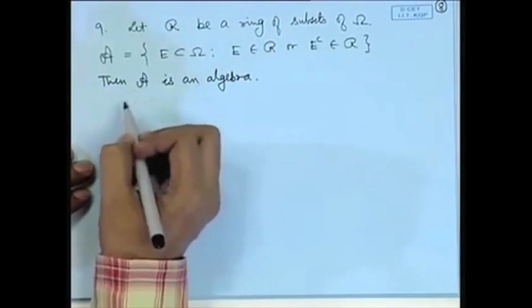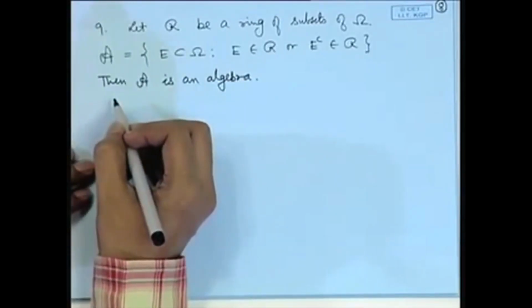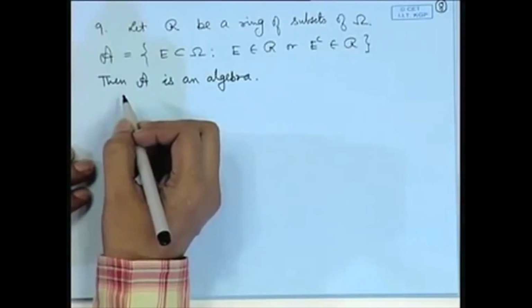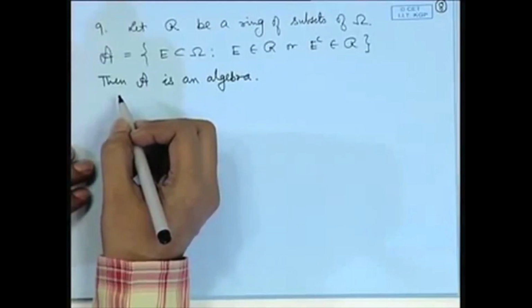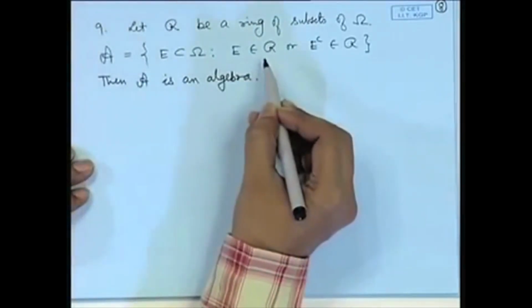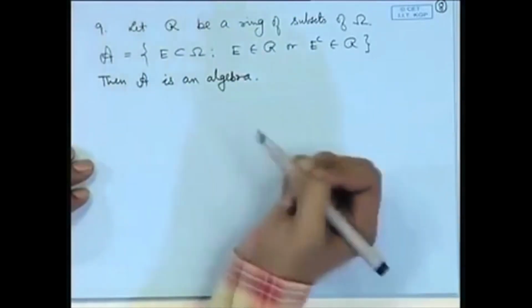The proof of this statement is almost the same as the previous exercise, because in the previous exercise, if you replace the ring to be the class of all countable subsets of omega and you implement this definition, then the proof will be the same. Thank you.